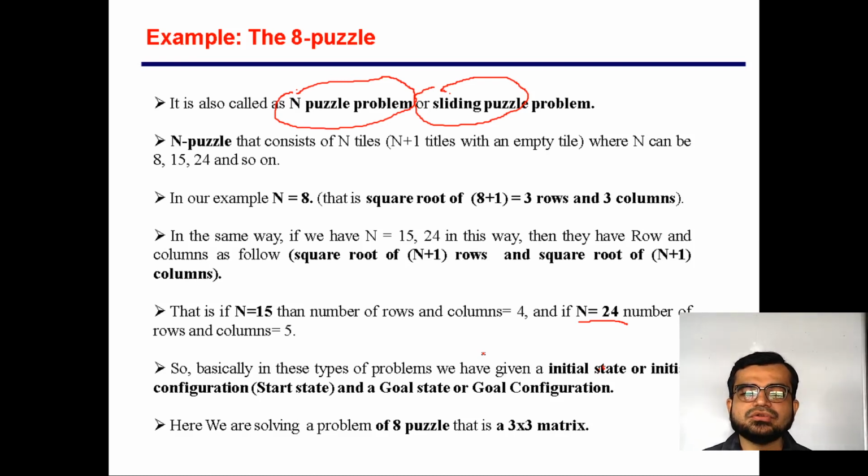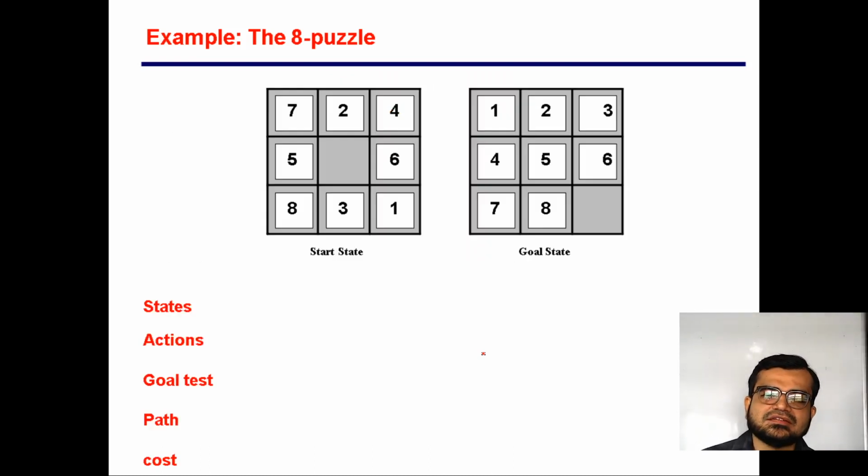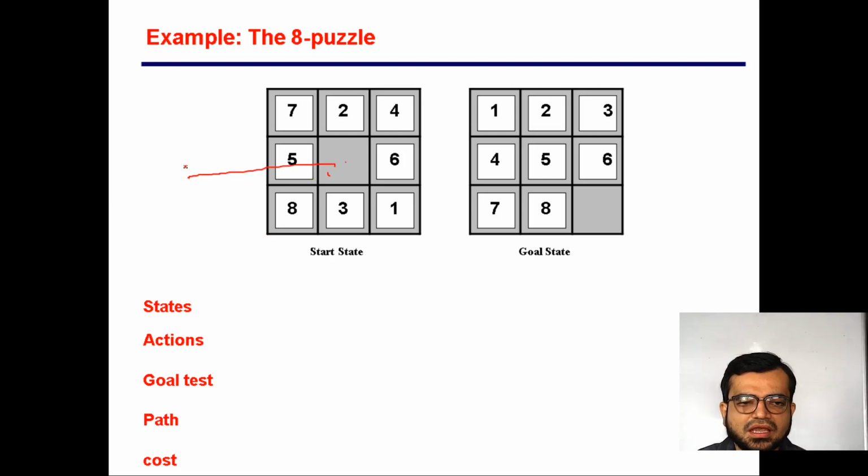Now, according to the given example, as I said, it is the 8 puzzle problem. So if it is the 8 puzzle problem, that means you are now considering a 3 by 3 matrix. This is just a slide where I am showing you a 3 by 3 matrix, that means 8 tiles and one empty. In this case, this is your empty tile, and in this case this is your empty.